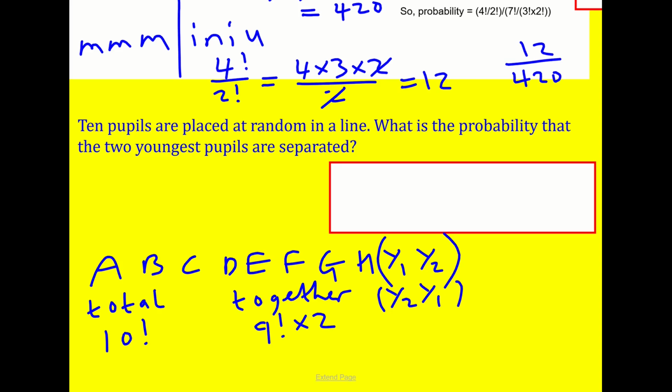And finally then, for separated, it's going to be the total number of ways minus the number of ways when they're together. That gives me the number of ways that they're separated. And if I wanted to work out the probability that they're separated, I would then just divide this by 10 factorial.